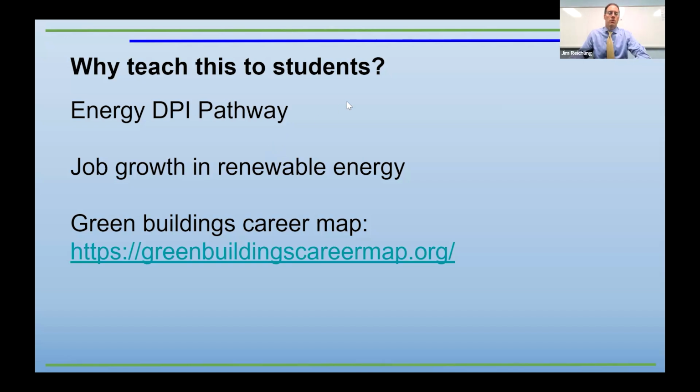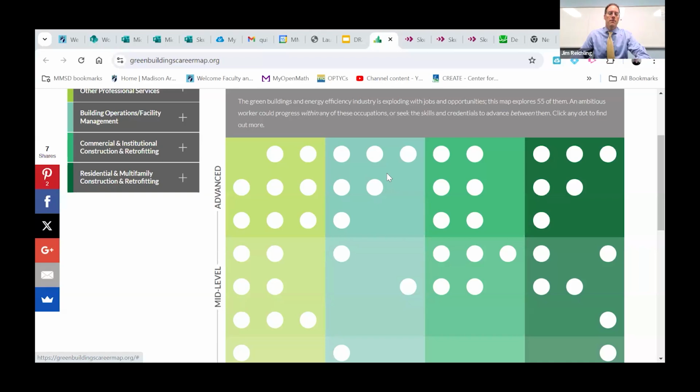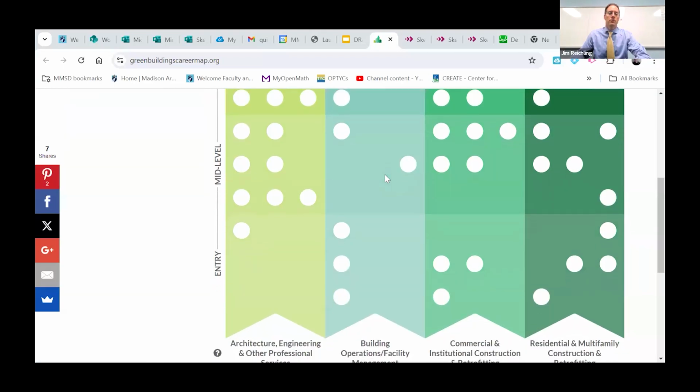So I'm going to show just very briefly what that looks like. This career map is really pretty fascinating. The way that it works is that there's a matrix that I think you'll be able to see on the screen right now. The bottom of the matrix are entry-level careers.